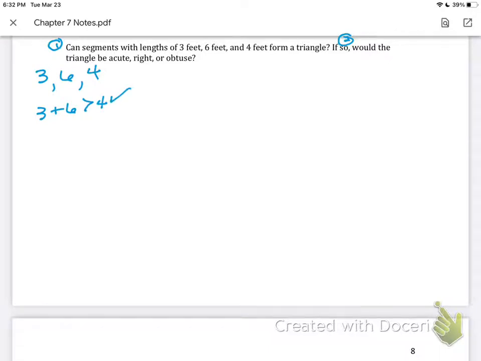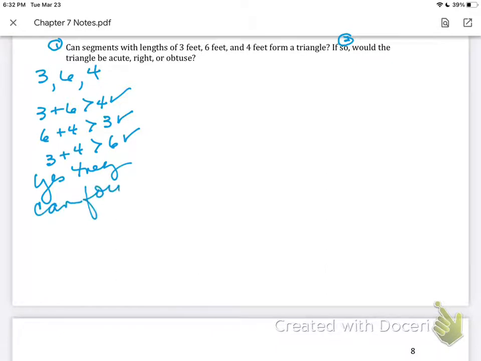That checks. Is 6 plus 4 greater than 3? That checks. Is 3 plus 4 greater than 6? And yes, that checks as well. So you can say yes, they can form a triangle.